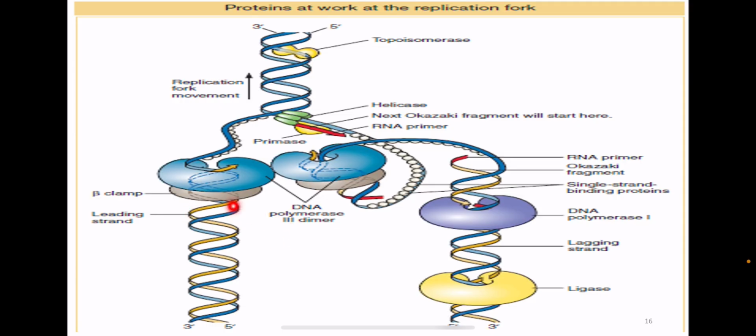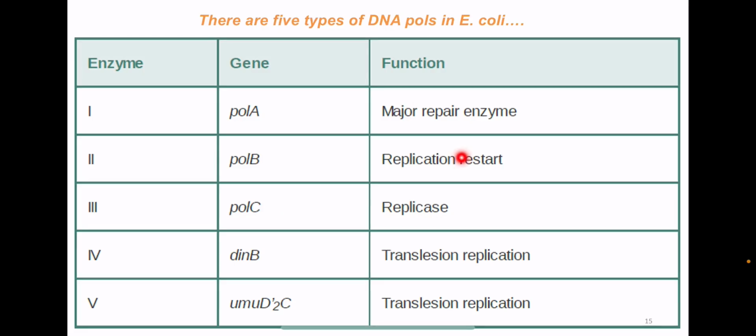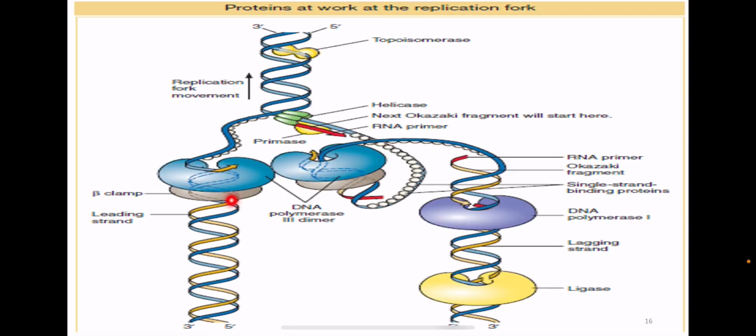This is what differentiates polymerase 3 from other polymerases like polymerase 2, sorry. Polymerase 2 is also a replication polymerase, but because it cannot stay on the strand for a longer period of time, we don't use that. So the beta clamp holds the polymerase in place, and the leading strand will be synthesized from start to finish.